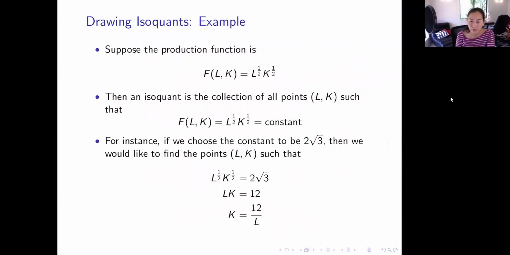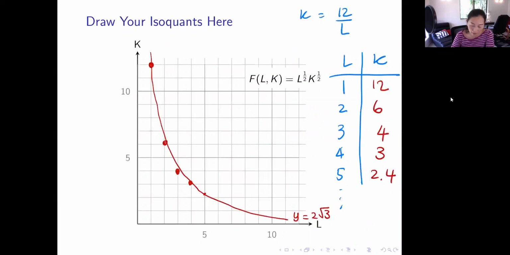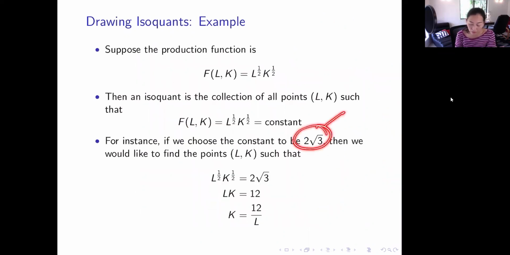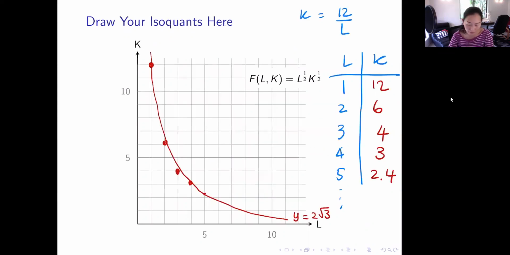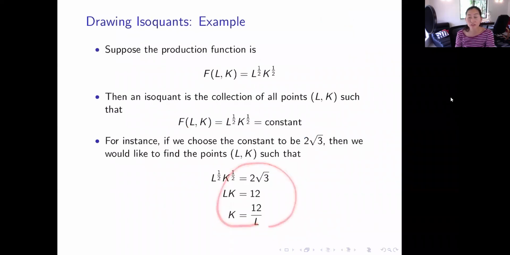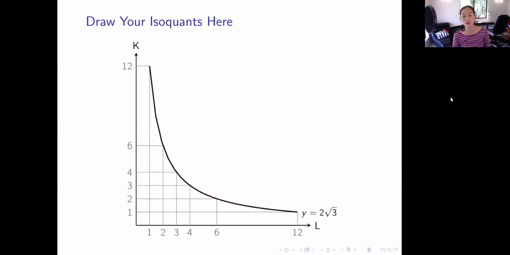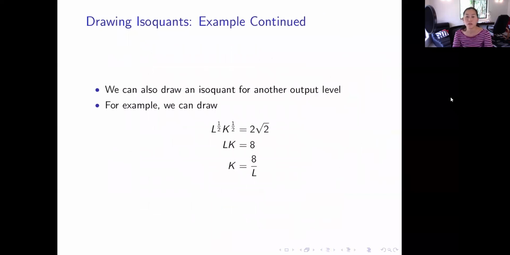And of course, if we change this output, this constant, to some other numbers, we will have a higher level of isoquant if this amount of output is a higher value, right? So you can get something like this and so on. So just change these numbers and then plot them accordingly. Let's say that another one we have actually 2 times square root of 2.